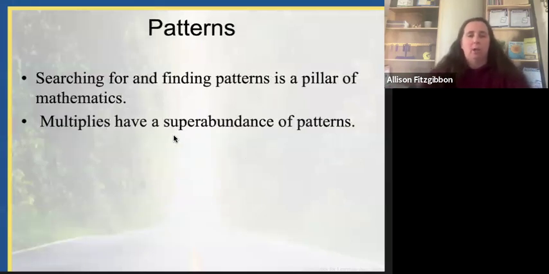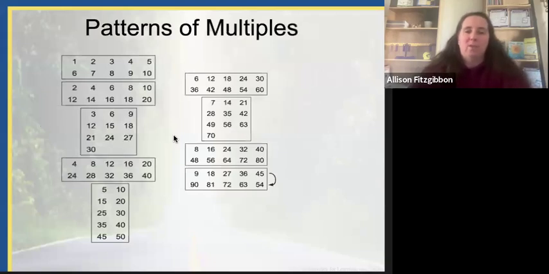Patterns. I told you I was going to talk a lot about patterns. Searching for and finding patterns is a pillar of mathematics. Dr. Cotter says that in her book, okay? Multiples, in fact, have a superabundance of patterns, also her words. So if we look at the patterns of multiples, and this is introduced, I want to say, in level D, this kind of blew me away a little bit when I first saw these, and every time I see them, I'm like, oh yeah, I missed that one.